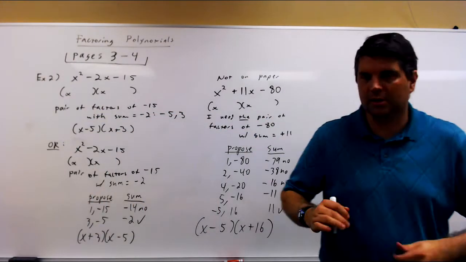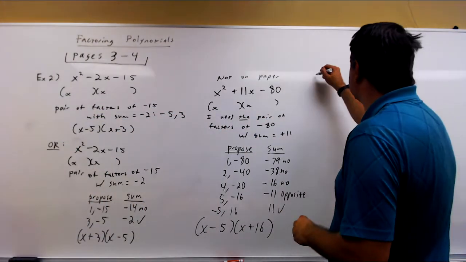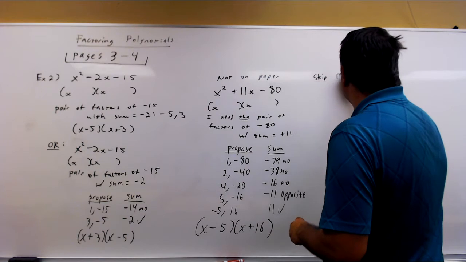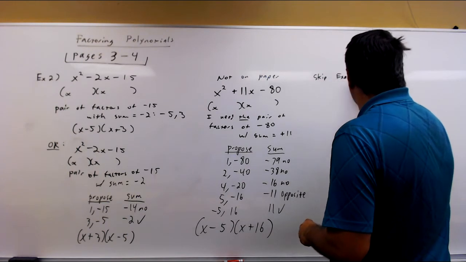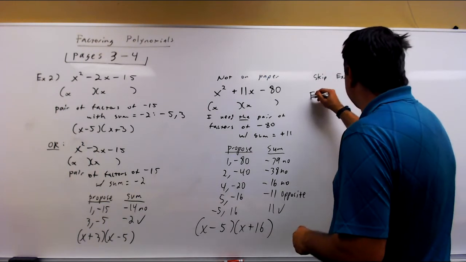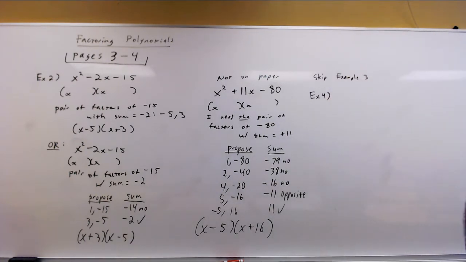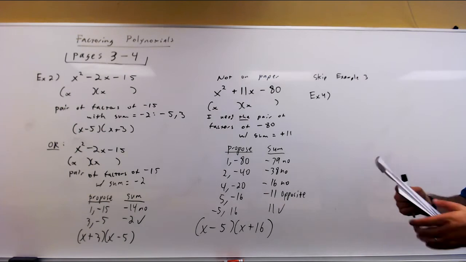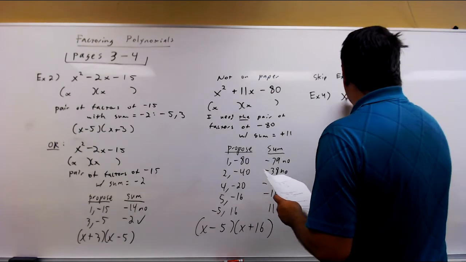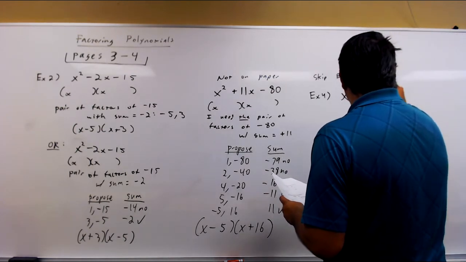All right. So next I propose to skip example 3 and do example 4. With example 4, I have x squared minus 9x plus 20.